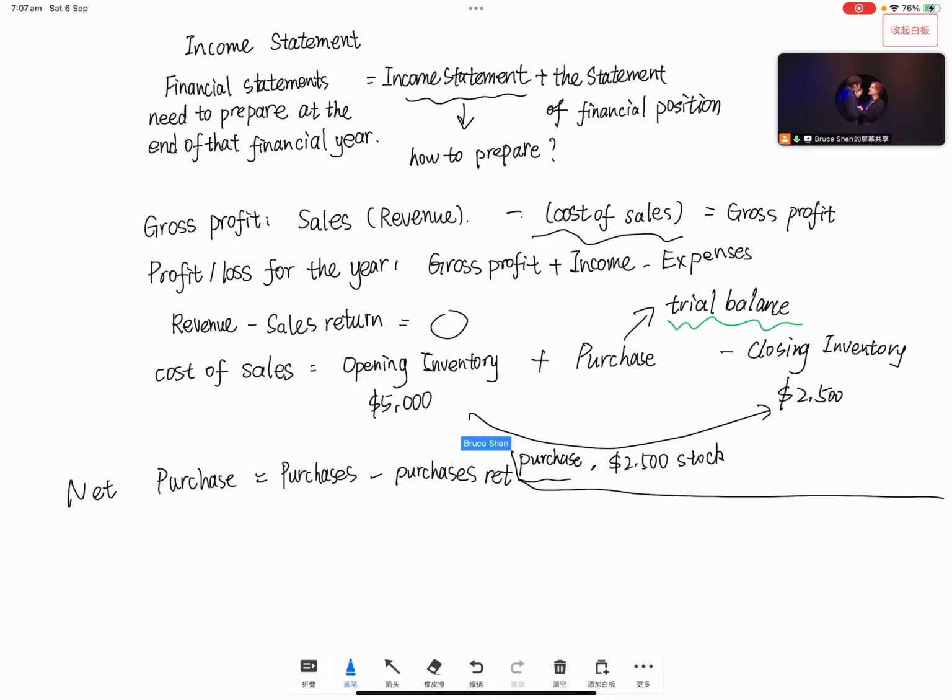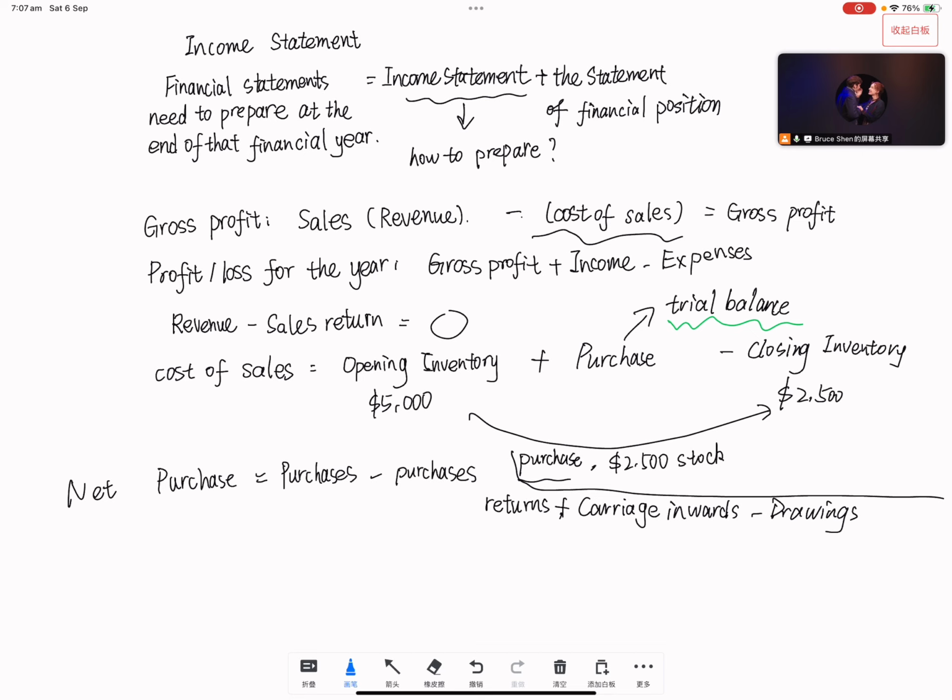We have purchases returns, and we have carriage inward, so we show plus carriage inward. It is also called net purchases, and drawings. But here we need to pay attention, because it is not the normal drawings. It's drawings for goods.